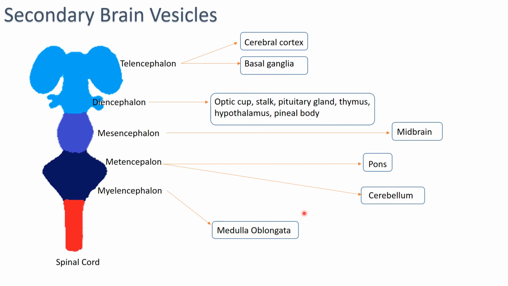The myelencephalon of the brain becomes the medulla oblongata, while the metencephalon ventrally develops into the pons, and dorsally develops into the cerebellum, and lastly, the mesencephalon, of course, we said is the midbrain. So the midbrain, the pons, and the medulla oblongata together form the brainstem, as you know.